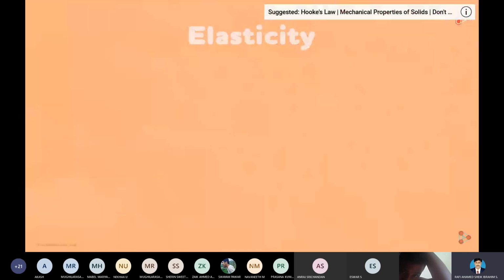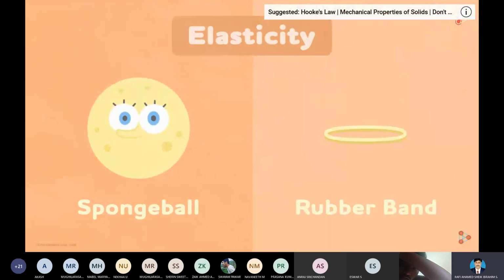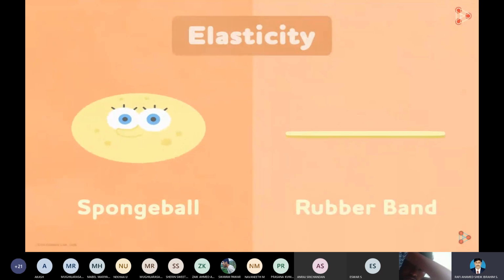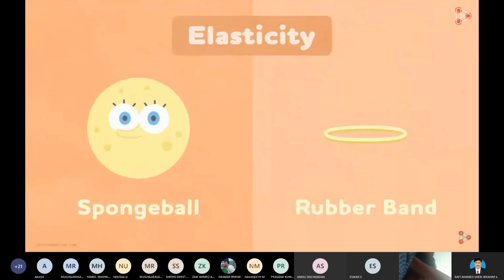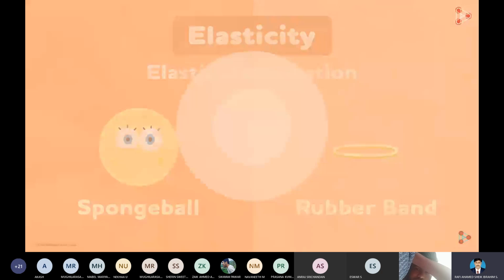More examples of such objects include sponge balls and rubber bands. When compressed or stretched, they get deformed, but they soon return to their original shapes. This self-reversing deformity the object goes through when forces are applied and removed is called elastic deformation. But is there a limit to the elasticity of an object?